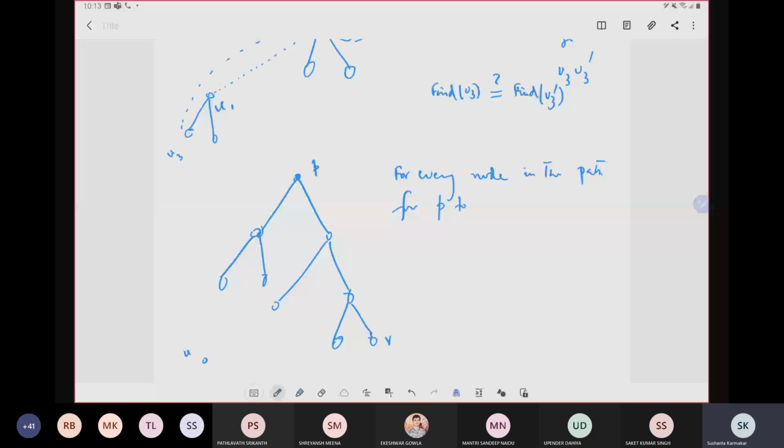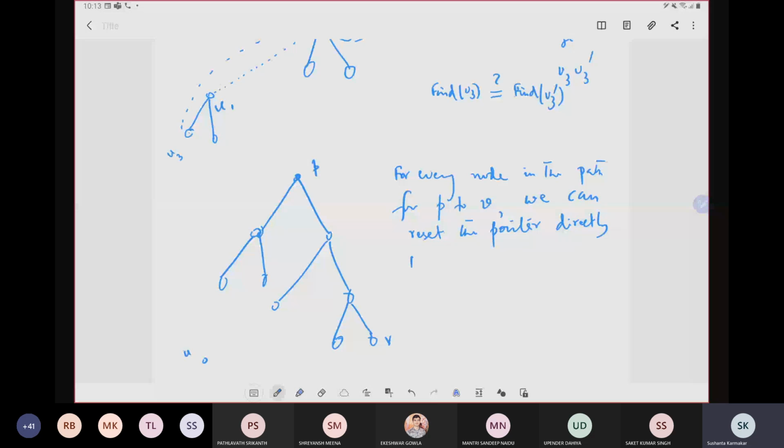For every node in the path from P to V, we can reset the pointer directly to the root.